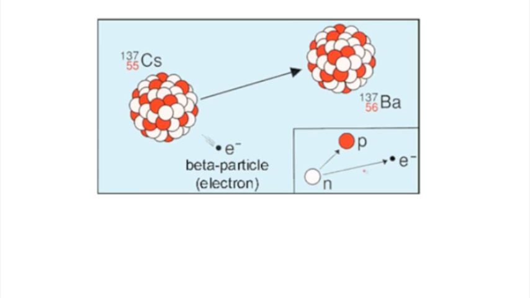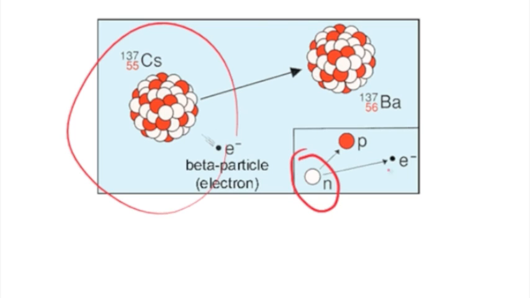And the source of this high energy electron, like I said, is not from the cloud of electrons outside the nucleus. It's literally a neutron splitting apart. It changes into a proton and the high energy electron. The proton stays as part of the nucleus, and the electron is spit out of the atom altogether because it's got a lot of kinetic energy.